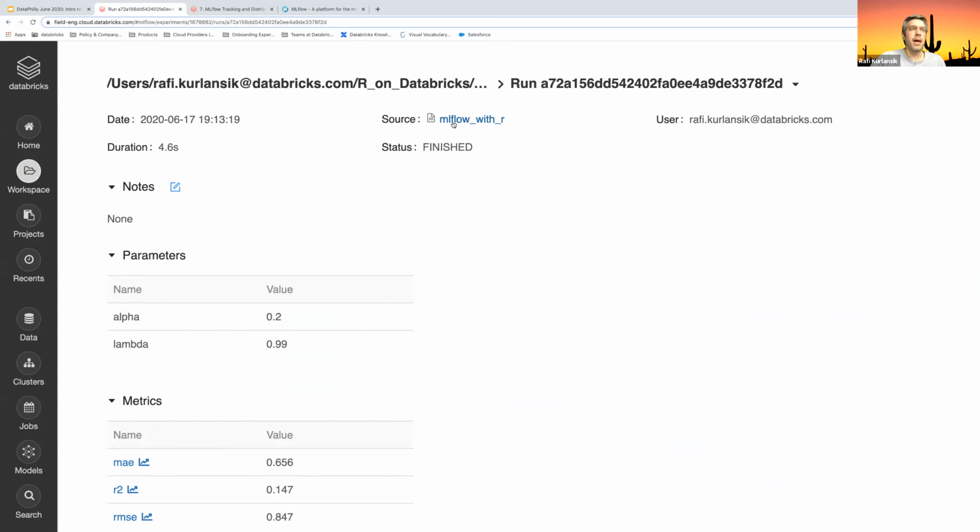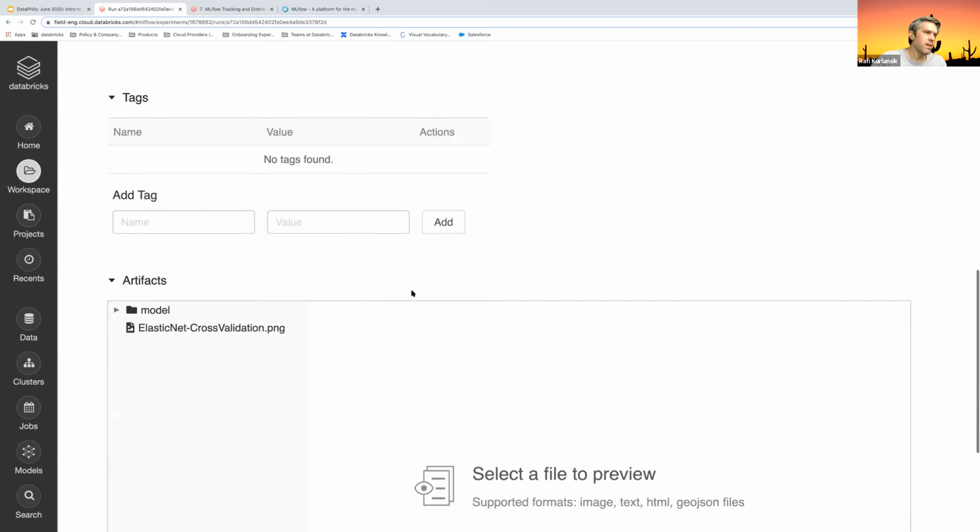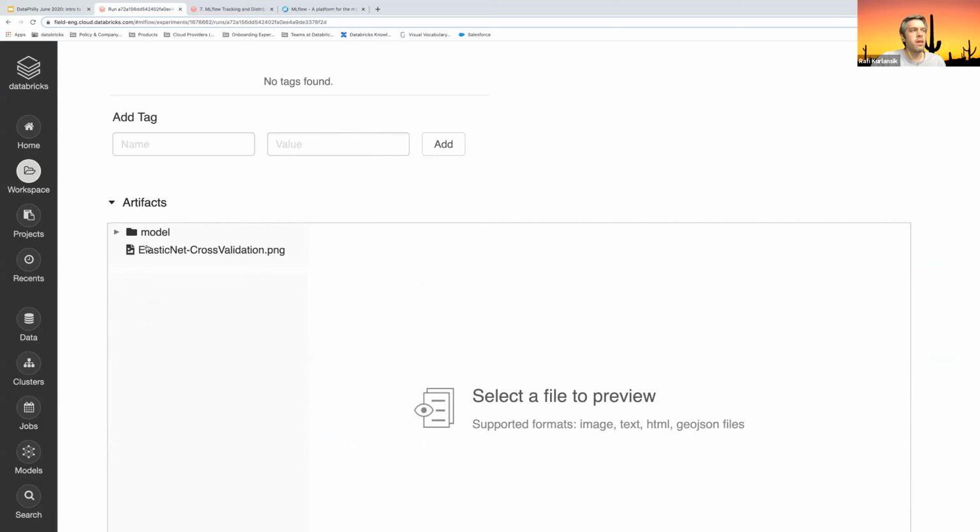It'll actually bring me back to the source for this particular run. Each run has a unique run ID. And if I come down to the artifacts, we'll find some pretty awesome stuff down here.